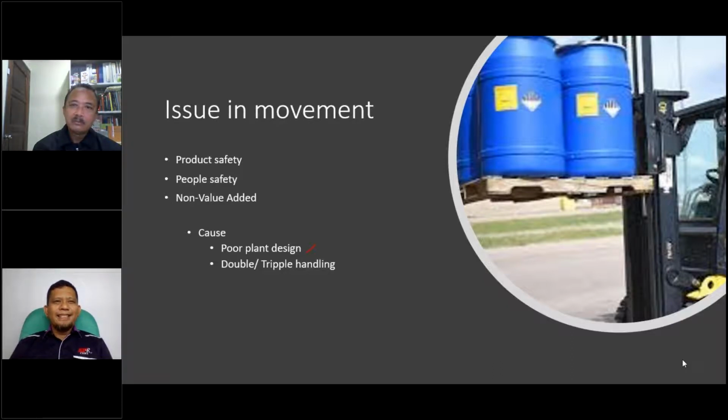It's hardly seen. In Malaysia, I have never seen it yet. Of course, in the automotive industry, yes, I have already seen some clips in Porsche factories and so on. But in chemical, so far, no. I only see that most of it is just pipes.